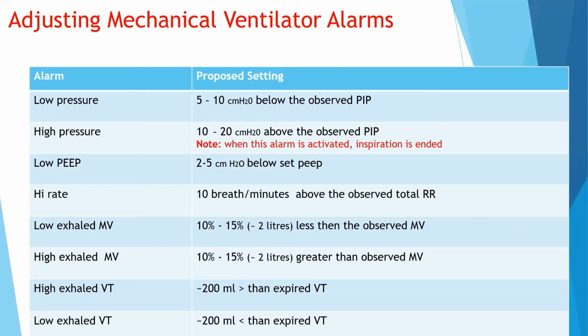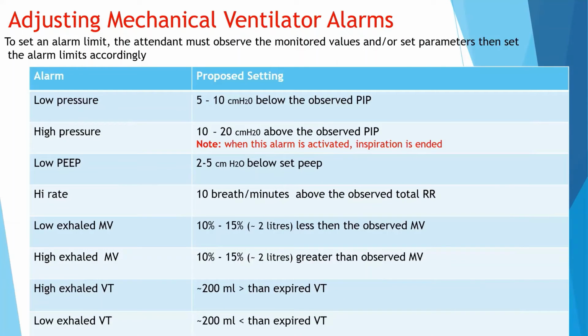A high exhaled minute volume alarm is around 10 to 15% of the observed total minute volume, or around 2 liters, greater than the observed minute volume. A high exhaled tidal volume is generally set around 200 milliliters greater than the expired tidal volume, and a low exhaled tidal volume might be set 200 mils less than the expired tidal volume.